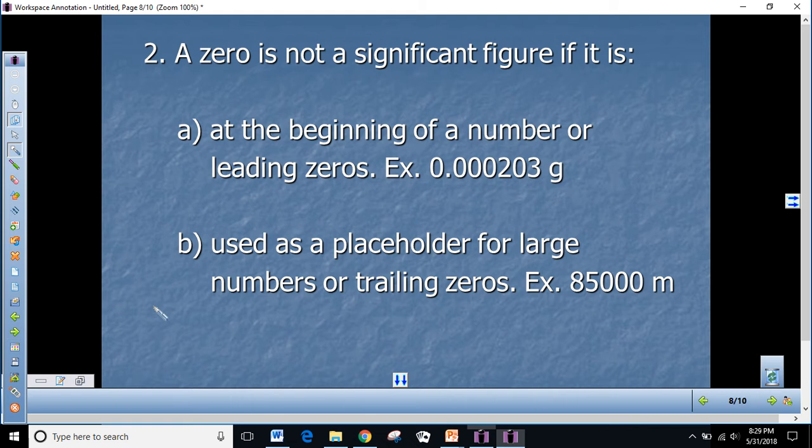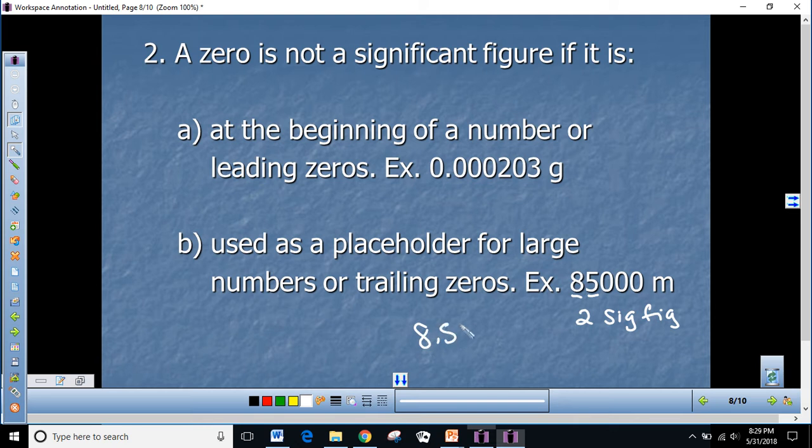Okay. And then if they're a really, really large number and they have trailing zeros with no decimal, they are called placeholders, like I said up there. So even here, there's no decimal, so this only has 2 significant figures. I could put 5 more zeros and we would still say that they're just placeholders.